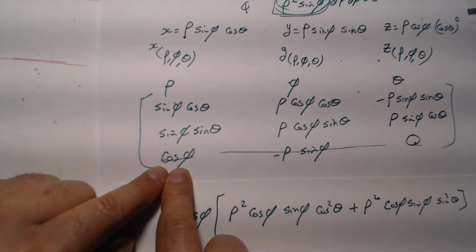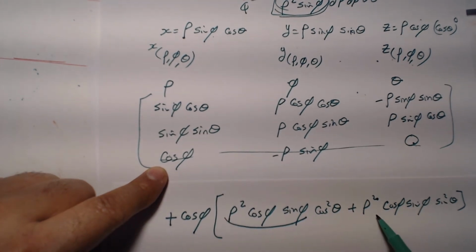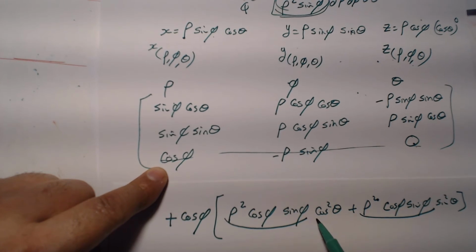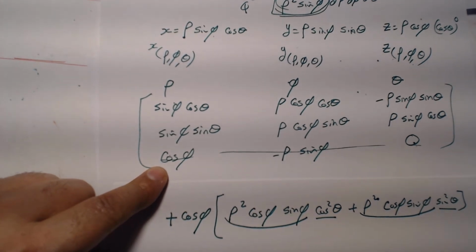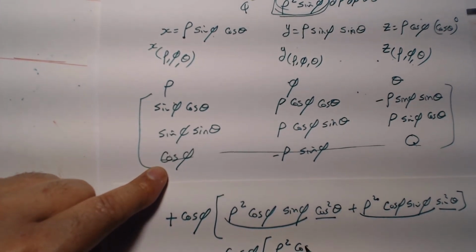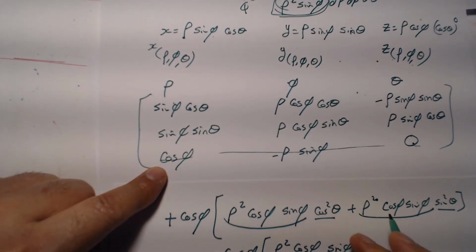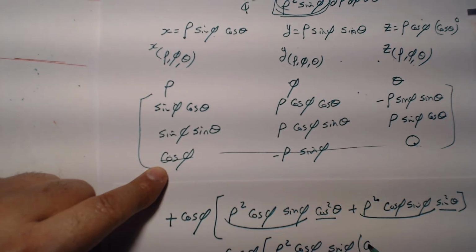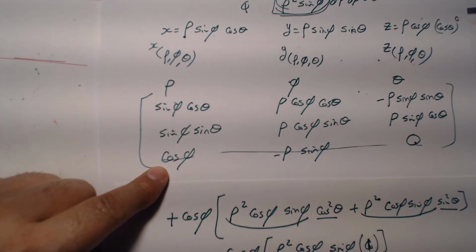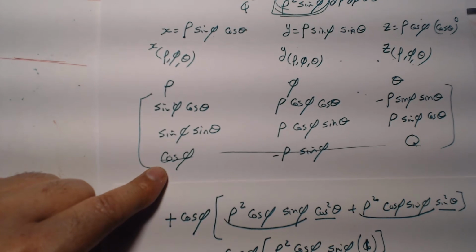I see a common factor. When I factor it out, I get cosine squared plus sine squared, which is 1. Therefore, you have cosine of phi times rho squared cosine of phi sine of phi, which gives cosine squared of phi sine of phi times rho squared.